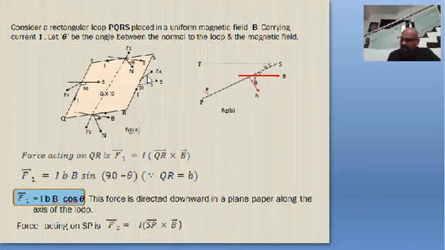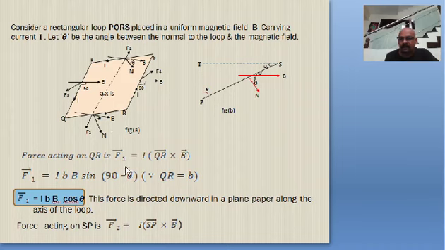Now we will start with one side, QR. Suppose we consider the force acting on QR. QR part of the loop is carrying the current and there is a magnetic field also, so QR is carrying the current I, it is kept in a magnetic field B and therefore it will experience a force.